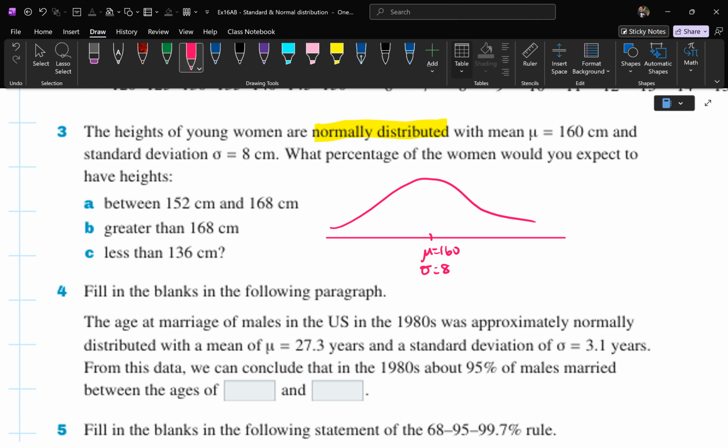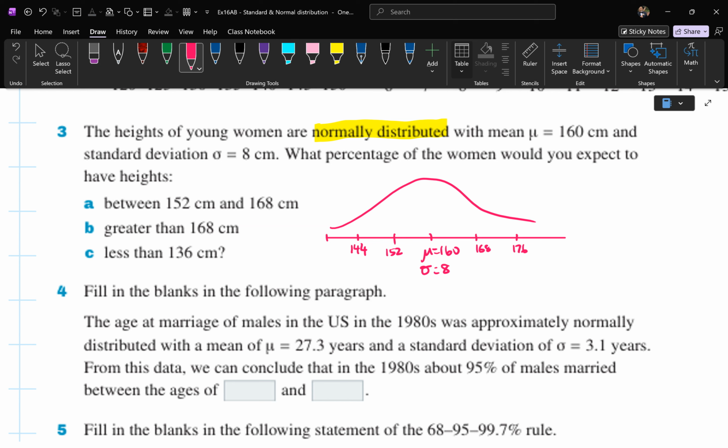between 152 and 168? So let's go one standard deviation the other way. It's 168, that's 152. Take another 8. So that's 176, and this is 144.